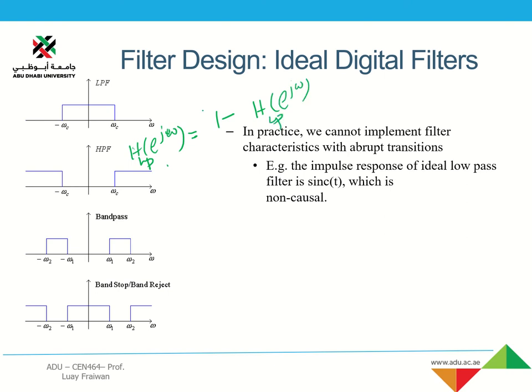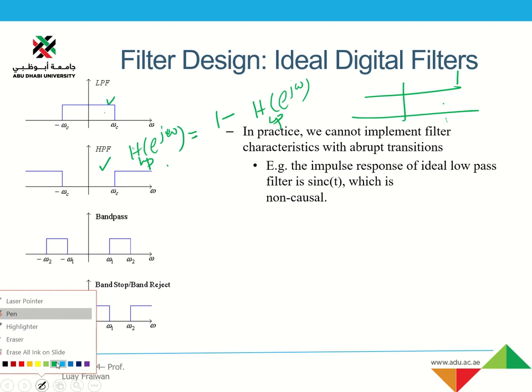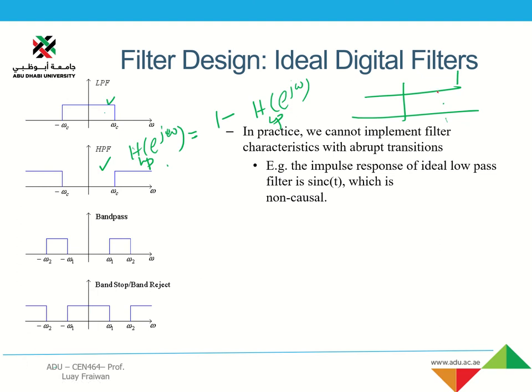If we have 1 here and subtract the low pass filter from that, which only exists in this region, then we get only this part and this part. So this is a high pass filter. We can design the high pass from the low pass filter.